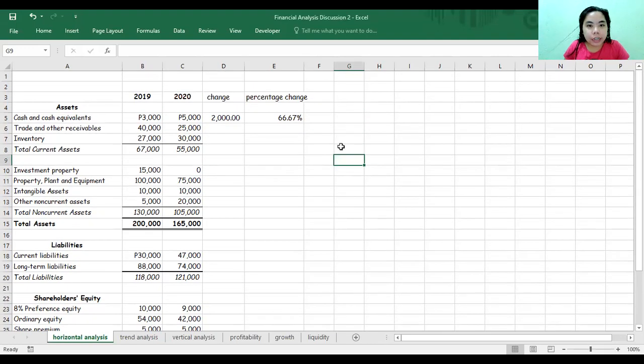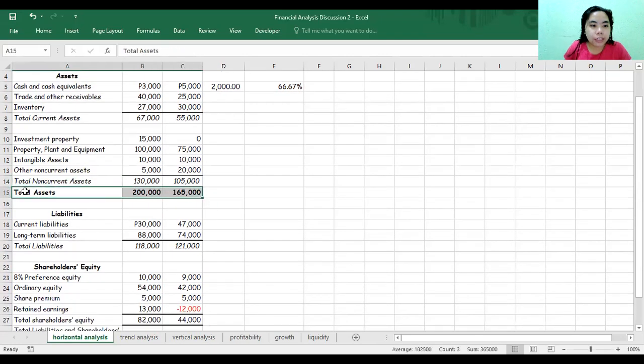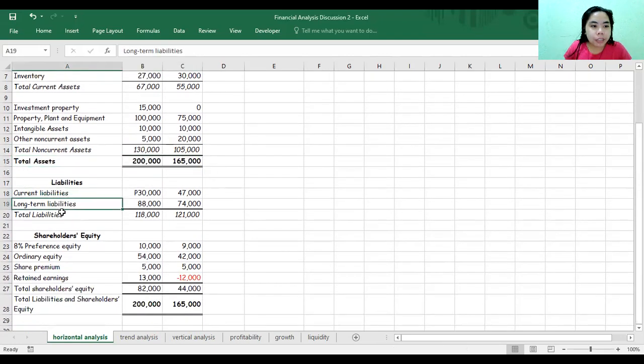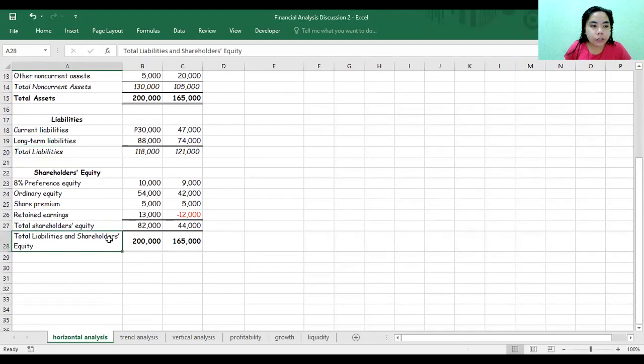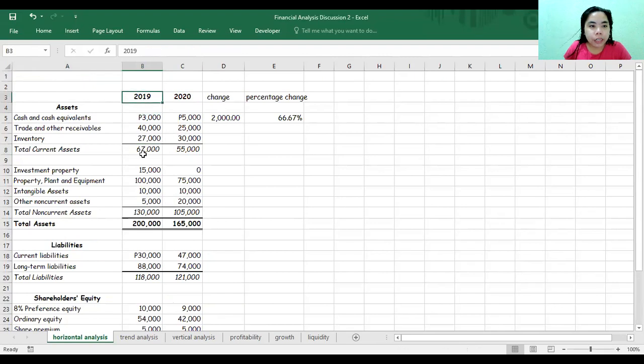We have here, for example, for our horizontal analysis, an example of a balance sheet. There we have two comparative balance sheets for the year 2019 and 2020. We have the assets, the current assets, total current assets, the total assets, the liabilities, and our shareholders' equity. So we have the 2019 data and the 2020 data.